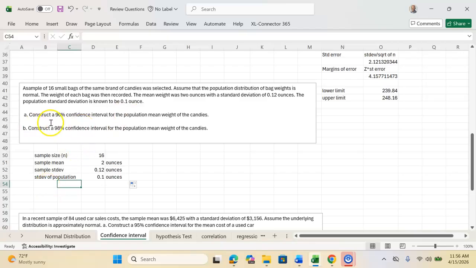So we need to construct a 90% confidence level. So confidence level in this case is 90, but also we need to use a confidence level, which is 98. And remember, we have 100%. This should be 98%, and that also should be 90%.